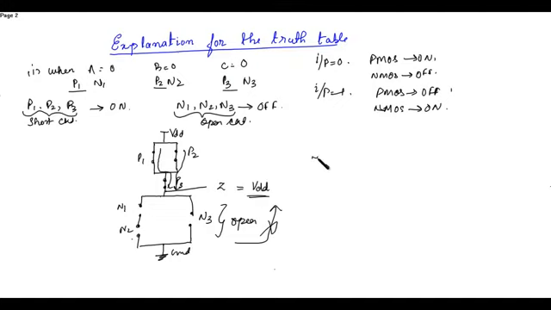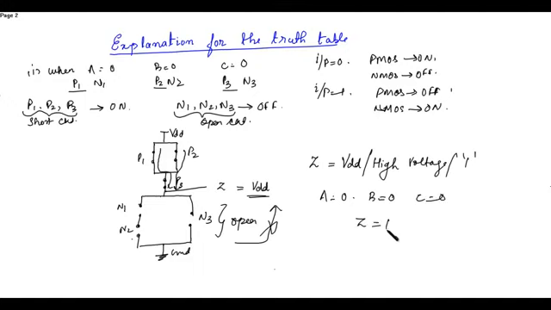So Z has a value called VDD, or you can say high voltage or 1. So when A is equal to 0, B is equal to 0 and C is equal to 0, the output obtained is 1. This is proof.